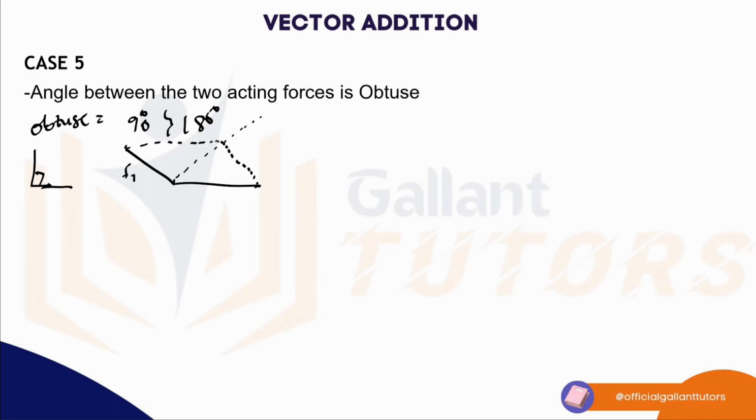If this is F1, this would be F2. And note, the principles I stated for the parallelogram law in the previous slide, which is the acute, apply here too. So this F1, this F1 too, this F2, and this is also F2. So I can literally bring this out, so it becomes somewhere like this.